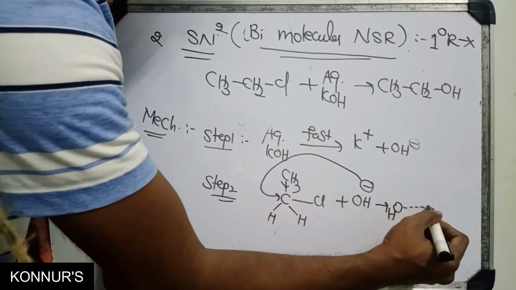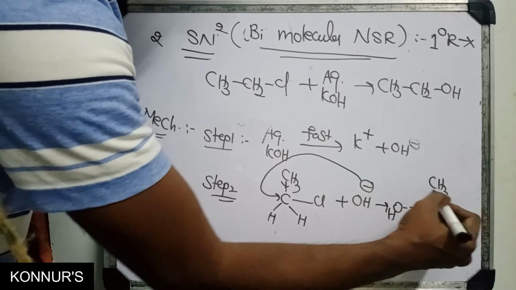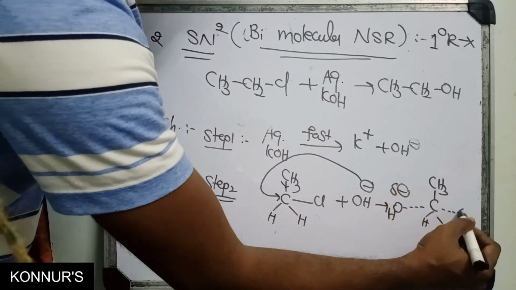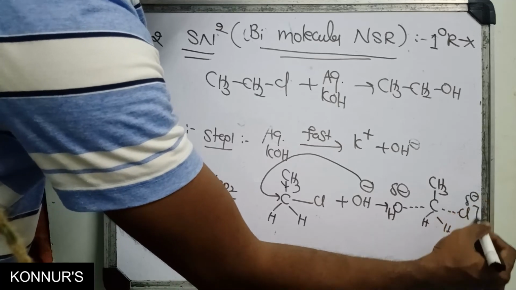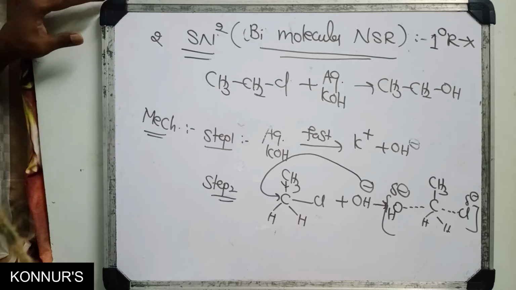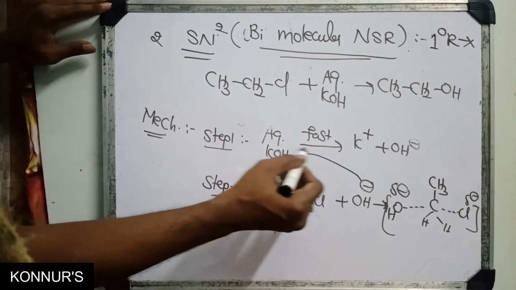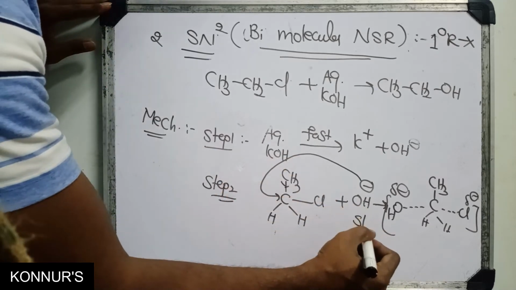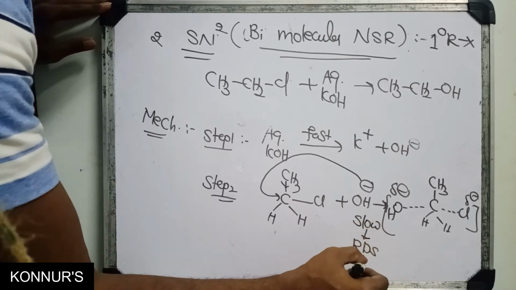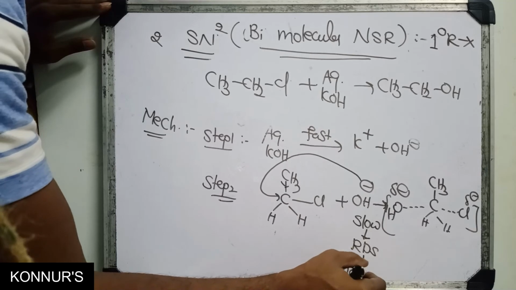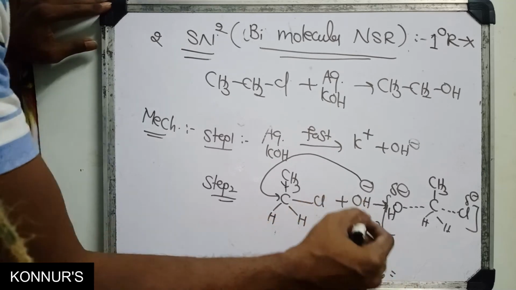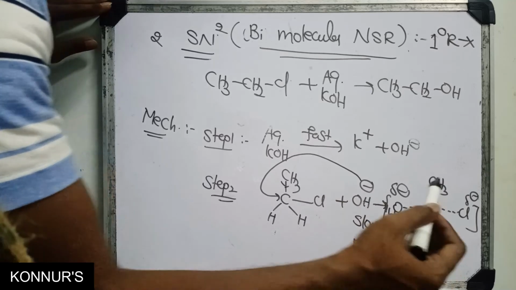OH slowly connects to the carbon, with partial negative charges on OH and on chlorine. A new bond is forming here, so it is slow, which means the rate determining step. In the rate determining step, the number of molecules is: one primary alkyl halide and one OH-, so 2.